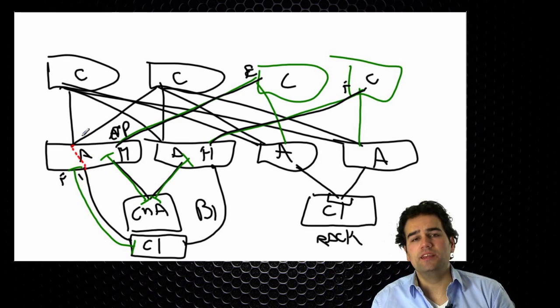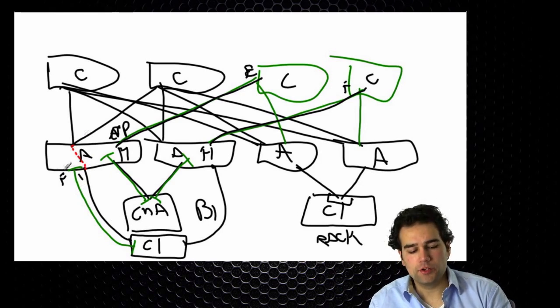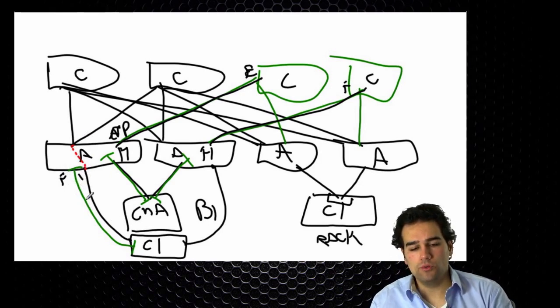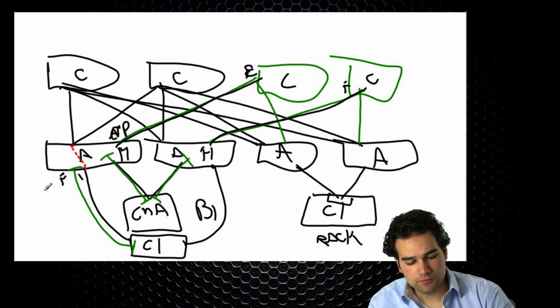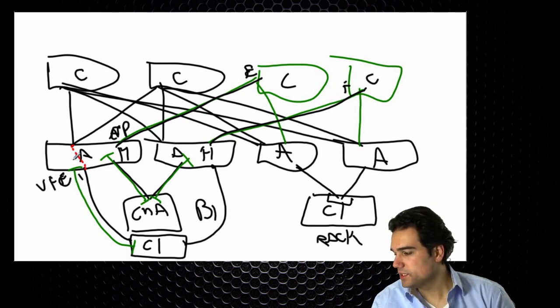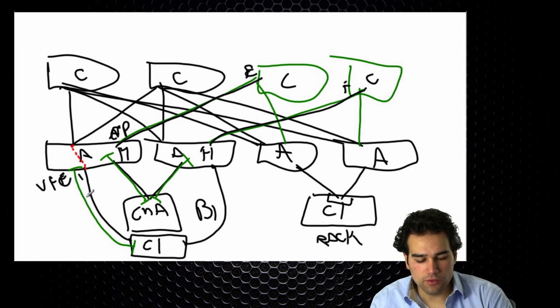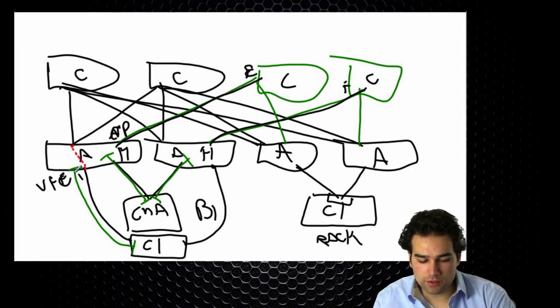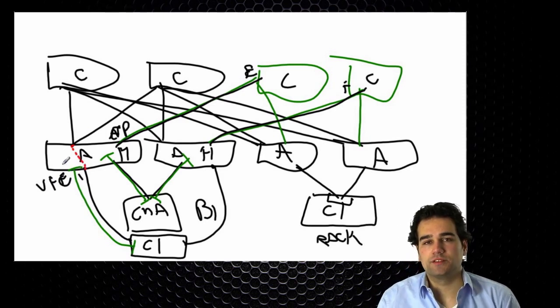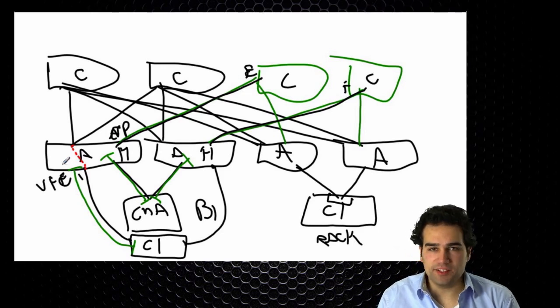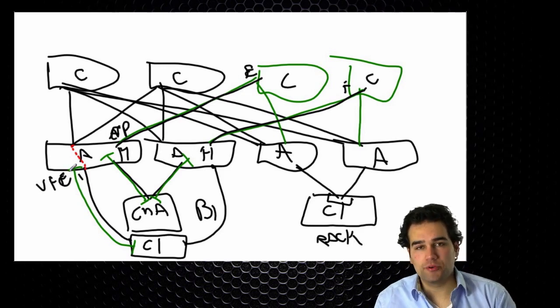But the FCoE traffic is locally terminated. There is a local virtual fiber channel interface, VFC interface, on the fabric interconnect. So that FCoE traffic is being caught and locally processed. And by processing, it means it will have separate pinning.